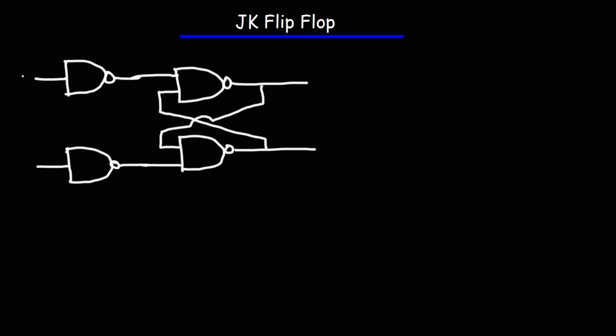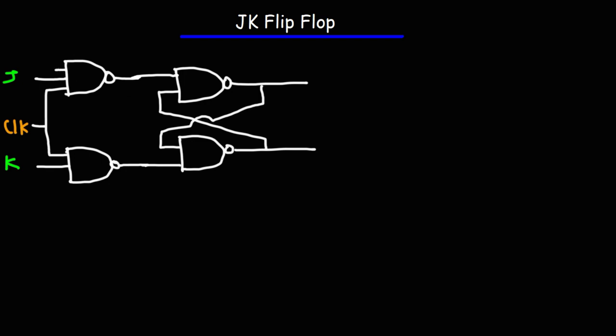We'll call this input J and this input K. Now, there are 3 inputs to those two NAND gates on the left. One of those inputs will be connected to each other. We'll call this the clock input. The third input is going to be connected to the output of the other NAND gate.